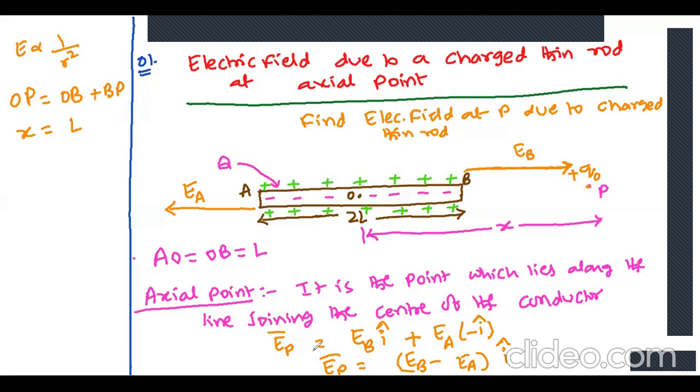If I consider length of the thin rod as L, then OB will be L by 2 now. In order not to get those fractional values, I consider 2L. So BP I can write as X minus L.